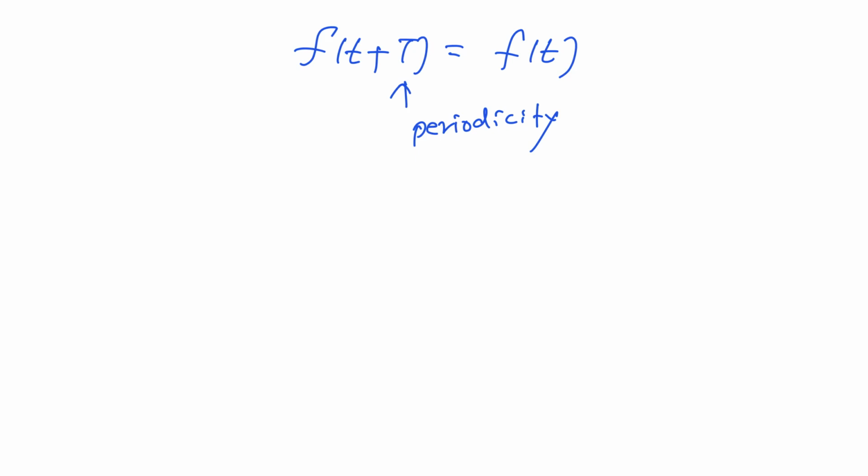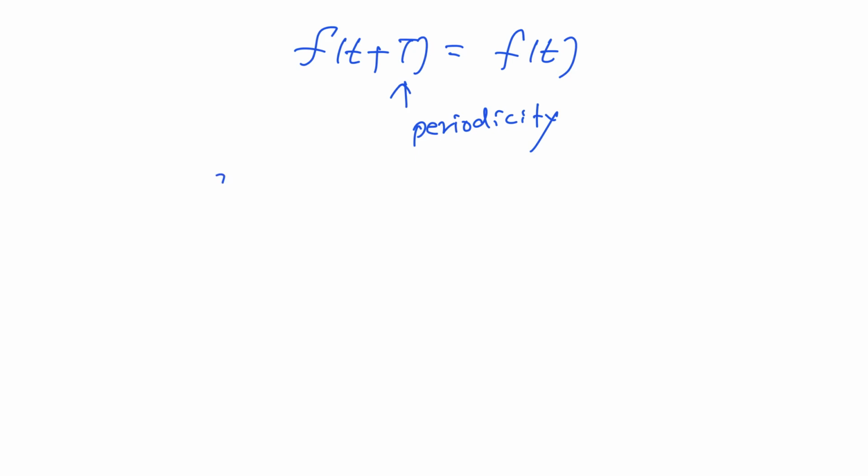So because I have covered the basics for the last week, I'll just go through some. So this is called the periodicity, capital T. So a typical periodic function is sine or cosine, right?